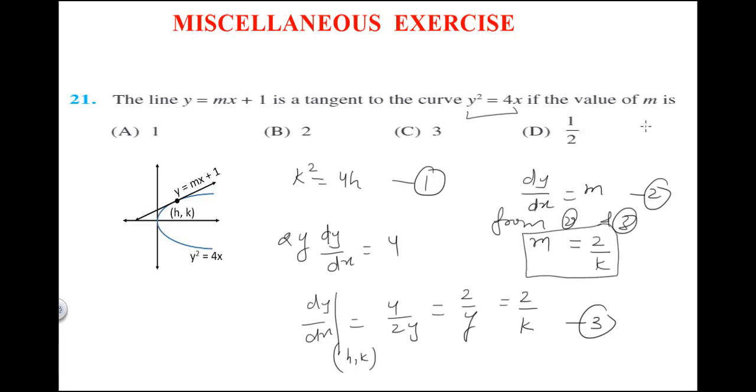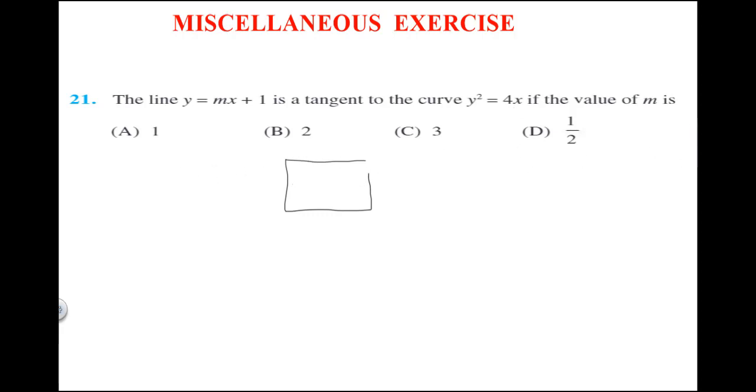Right, now we have to find the value of m as a numerical value. So first of all, we should find h and k. To find h and k, just think carefully. The equation is k square equals 4h and the slope is coming as 2/k. Is there any other thing that we can use in the question? Just see, y is equal to mx plus 1.